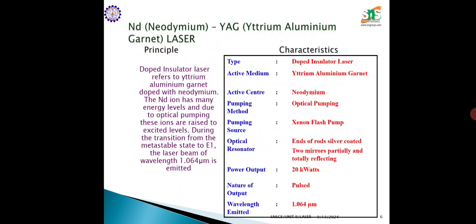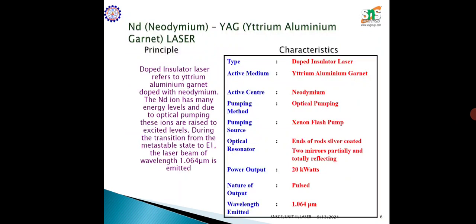The pumping method is optical pumping, and the pumping source is the xenon flash lamp. The optical resonator is the end of the rod, which acts as the optical resonator. Power output is 20 kilowatt, the nature of output is pulsed, and the wavelength is 1.064 micrometer.